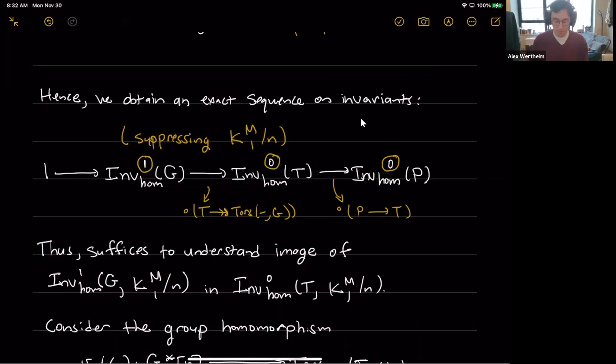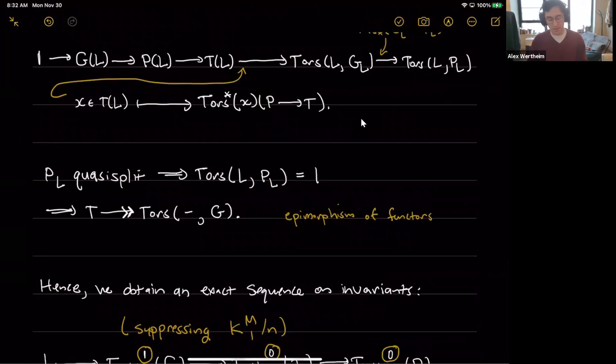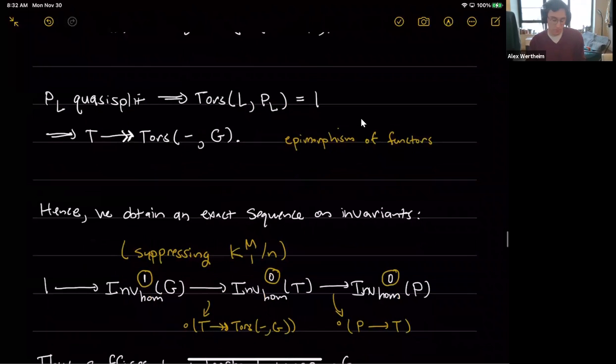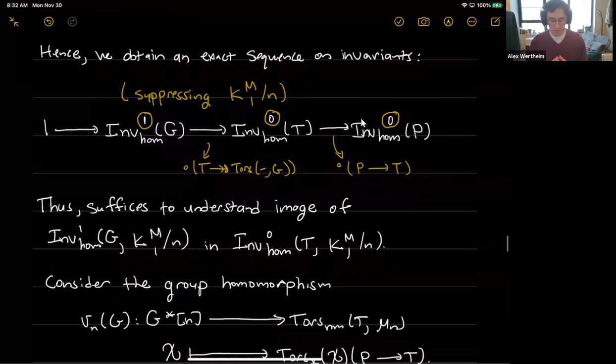And likewise, we have a map from type 0 invariants of T to type 0 invariants of P, just by composing with the map from P to T. And this sequence is exact by virtue of the fact that the above sequence of groups is exact, and the fact that this first map is injective is just a consequence of the fact that the map from T to Tors G is an epimorphism of functors. And so what this exact sequence allows us to do is to try to understand these mod n type 1 invariants of G in terms of their image sitting inside the mod n type 0 invariants of T.